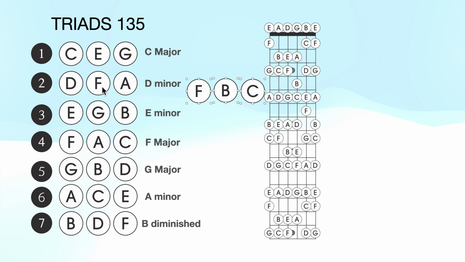We have C, F, B, C, B, C, F. So point being, and you'll have to experiment with this on your own, the 3 notes of any of the suspended chords in the key will match any of the triads.